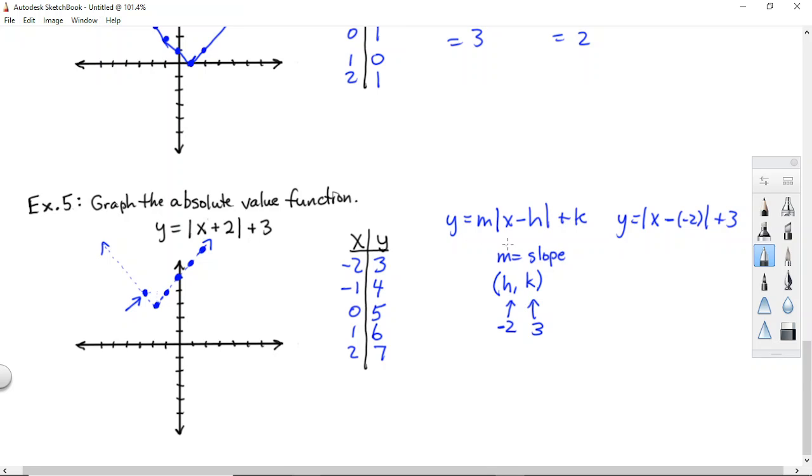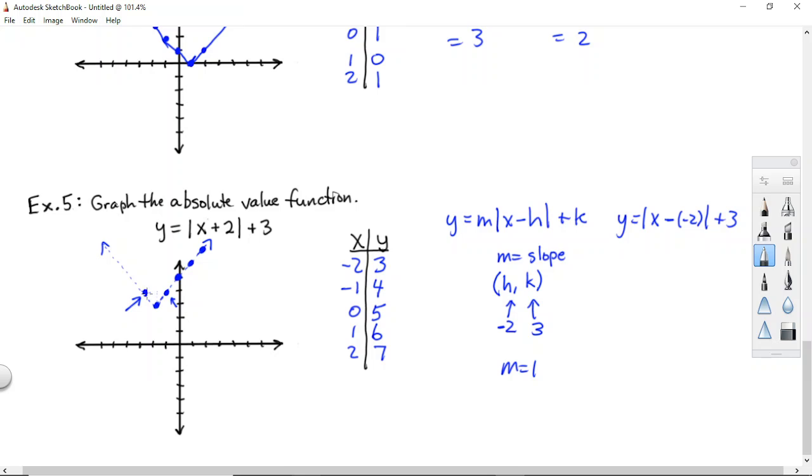It's just 1, and that's m, because m is the thing outside the bars right here. So if that's 1, I'll write that over here. Then we could use that, do rise over run, and say we have this point here, and then starting at the vertex, we did rise over run, but we used the negative of the slope to go the other way, the other part of the absolute value. So that's where this point came from.